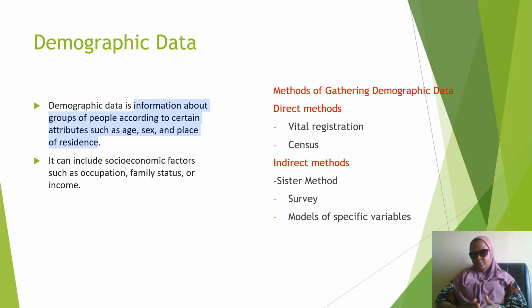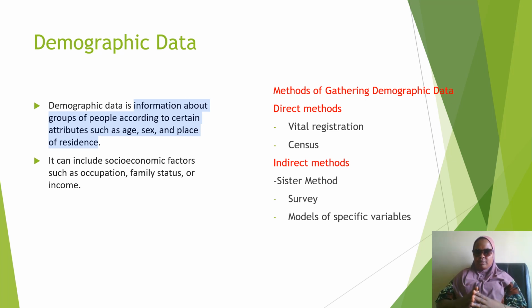Have you heard about pregnancy-related deaths? Has it happened to any of your cousins or siblings? How many people do you know that it has affected? When you gather all this information, you'll be able to project that, okay, out of 20 women in this community, about 5 of them die of pregnancy-related issues.